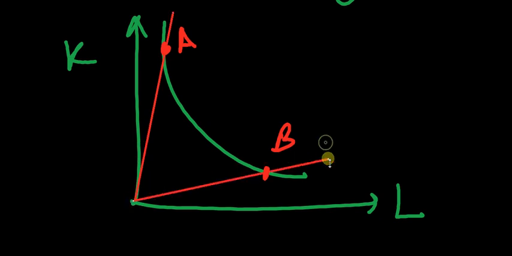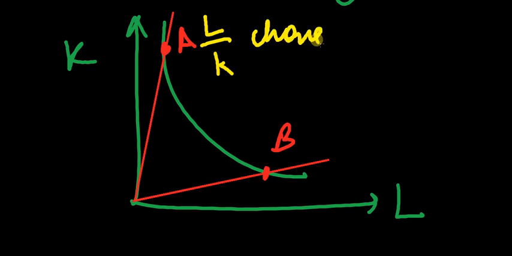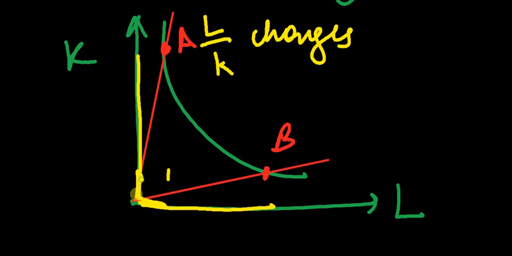One is when I go from A to B, the ratio of labor to capital changes. So here labor upon capital, and here labor upon capital are different. Okay, because I am taking capital on the vertical axis, I will write the ratio of capital to labor, or capital-labor ratio changes.